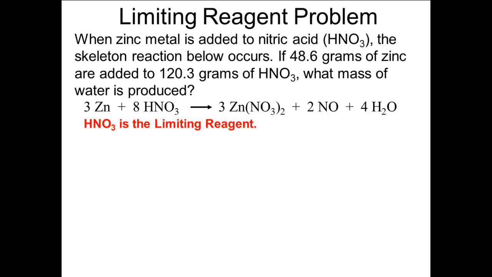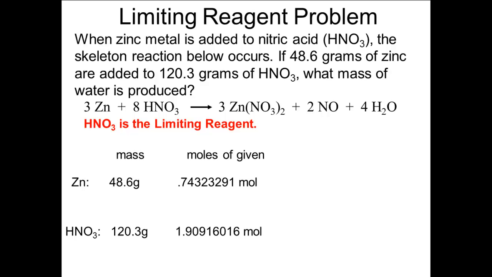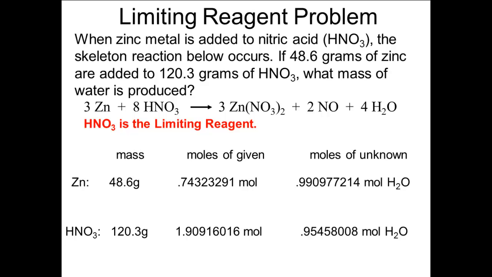Let's go back and look at the three places where we might be tempted to make a decision about which given is the limiting reagent. First, let's look at the mass. The mass of zinc was less than the mass of HNO3. The moles of zinc were less than the moles of HNO3. But the moles of water produced were less for the HNO3 than for the zinc.